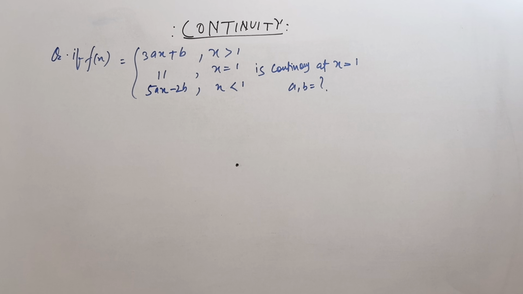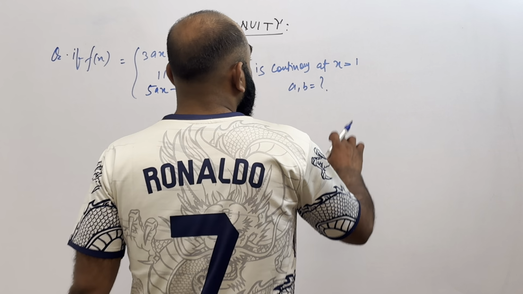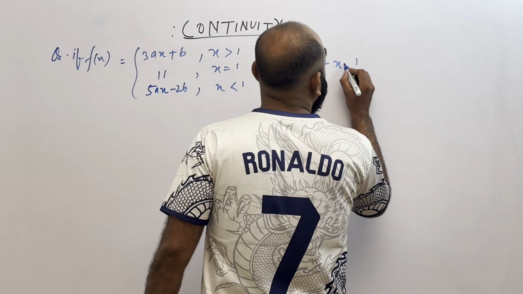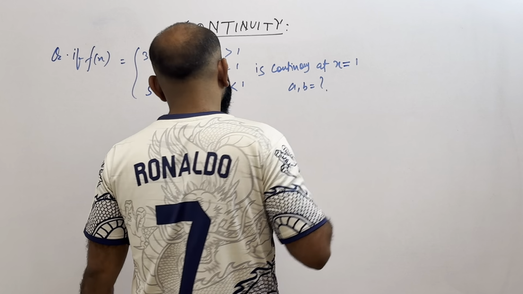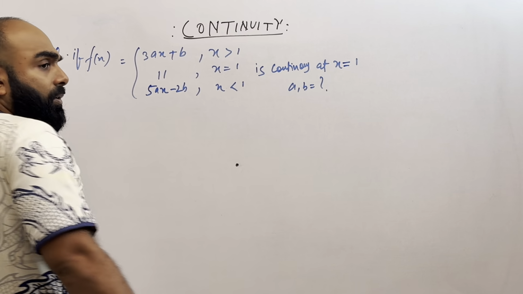For x less than 1, it is 5ax minus 2b, and they are already saying the given function is continuous at x equal to 1. Then find the value of a and b. Okay, sir. Sir, how will I find the value of a and b?